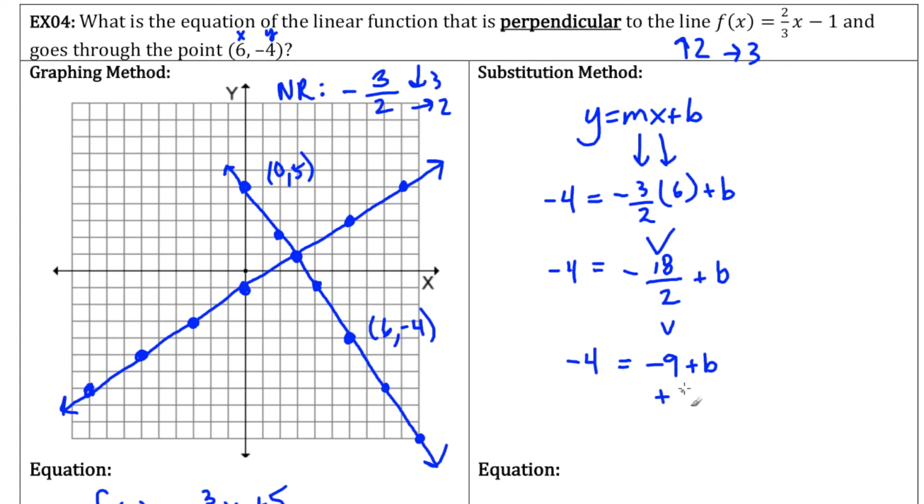I'm going to add the 9 to both sides. And b equals positive 5.